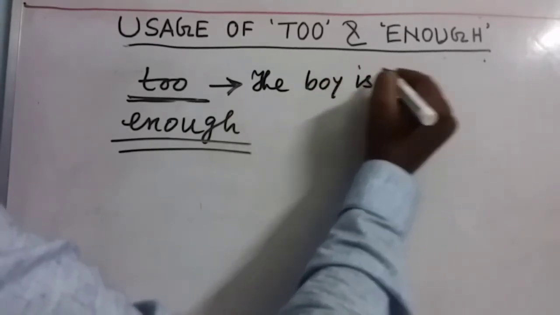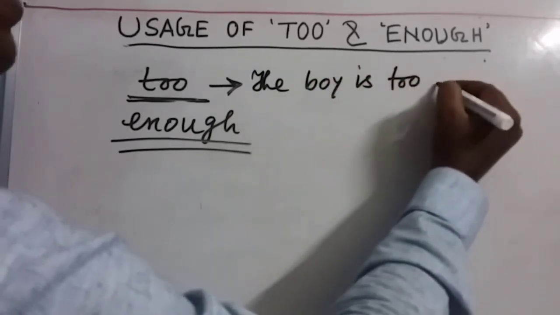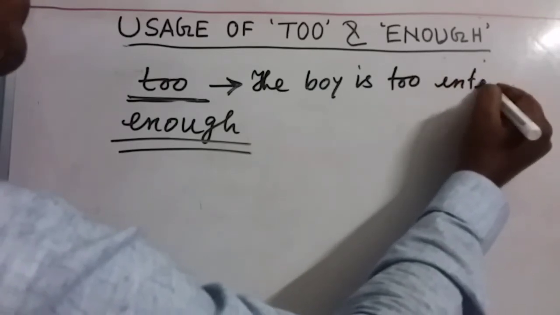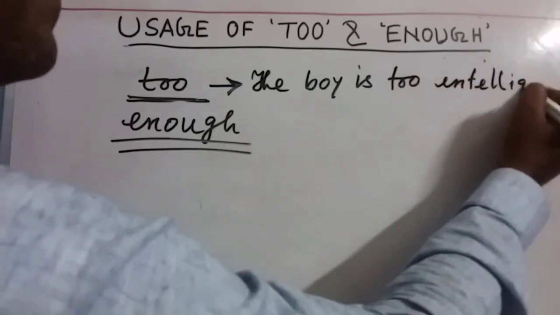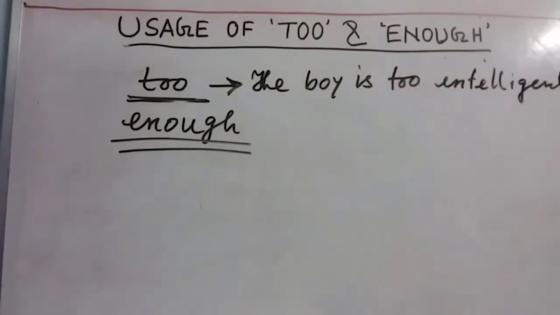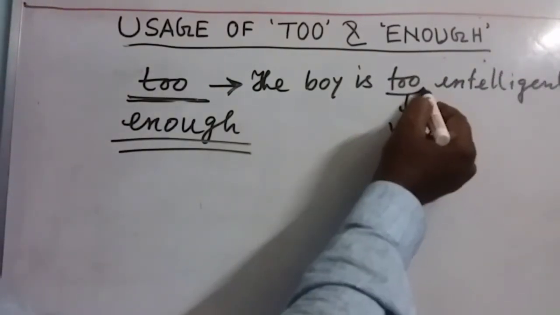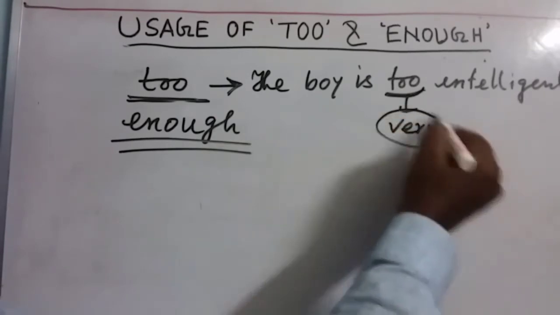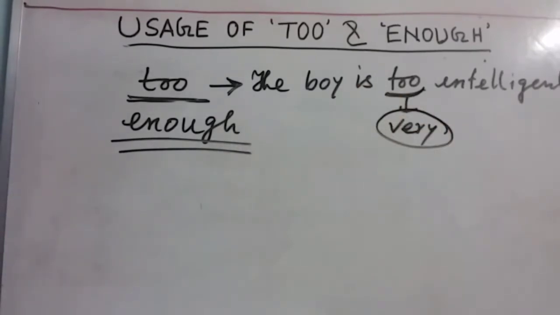The boy is too intelligent. This term too takes the place of very. That means the meaning of too and very is almost the same.